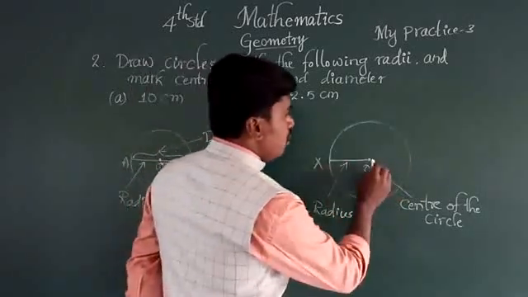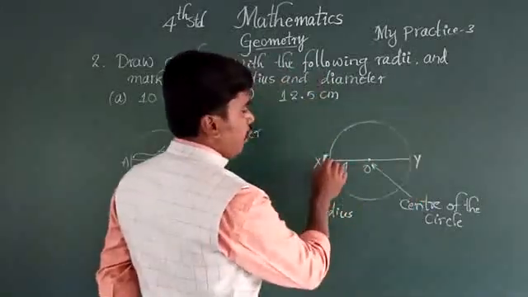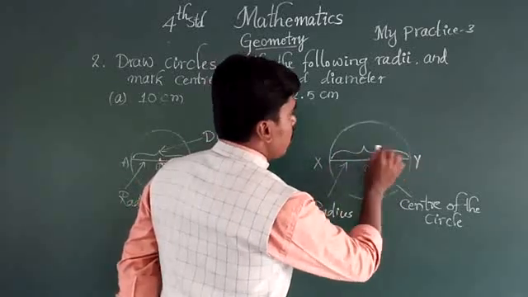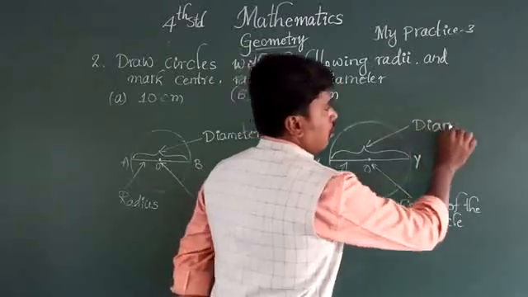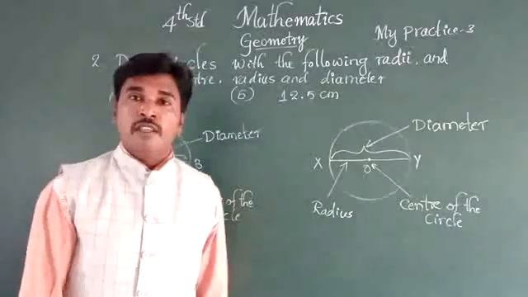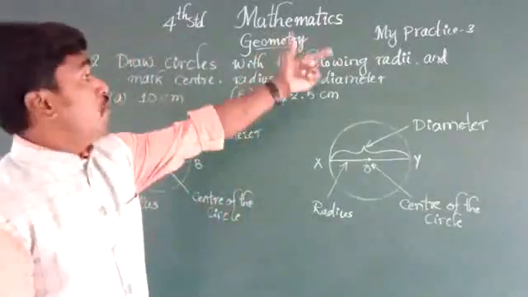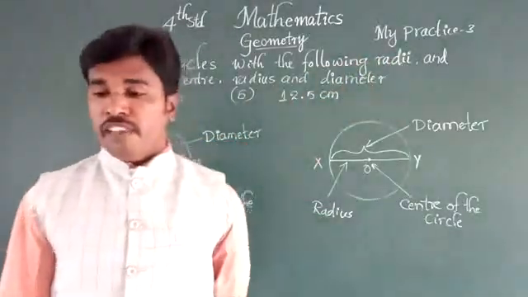Then if you continue this line, you will get Y. Then XY, from X to Y, is the diameter. In this way, you draw the circles and mention the given words in the circle. Okay, I hope you will finish.